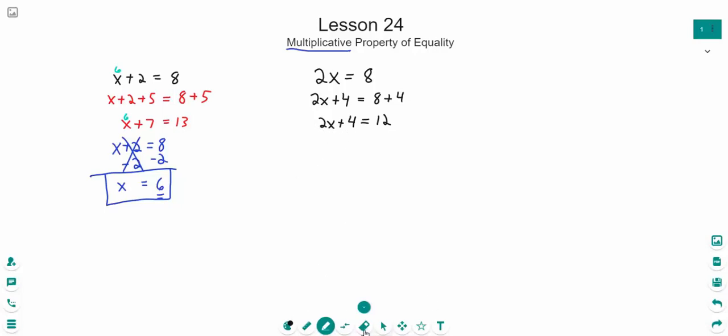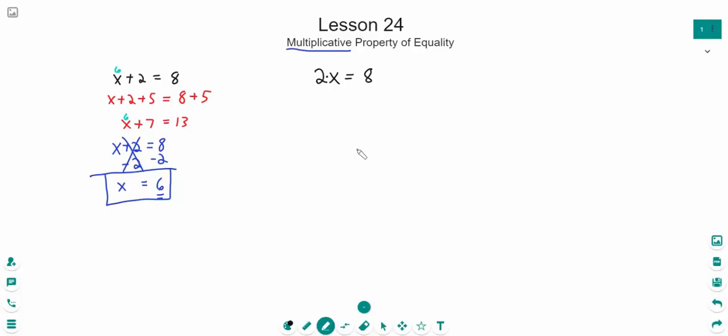So that is not helpful, and that's where we have to recognize that when we have multiplication, we can use a different property, the multiplicative property. Now, the multiplicative property is pretty simple. All we're trying to do is undo this multiplication going on here, 2 times x. And if you remember, what is the inverse for multiplication?